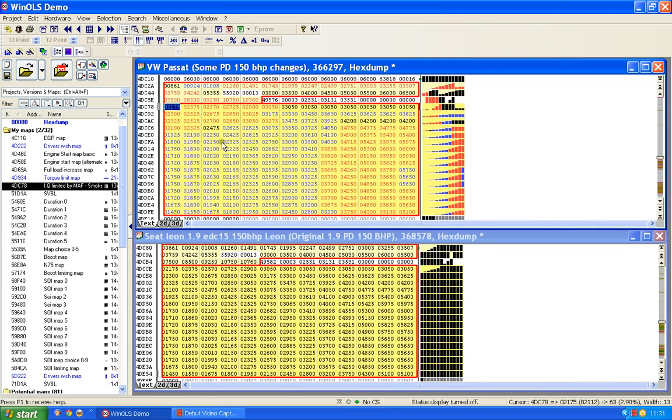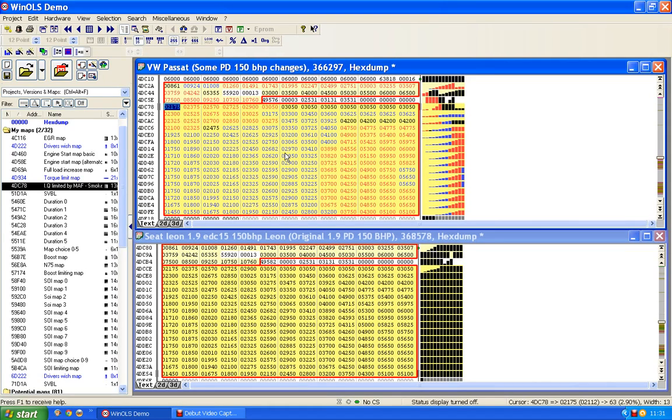So this MAF map will allow us to fuel up to 60 milligrams. The torque limiter is not going to allow that, so that's going to restrict it back to maybe 56, 57. But that's still considerably higher than the 50, 52 that we had before on the original 130. So maybe this would be a significant change.